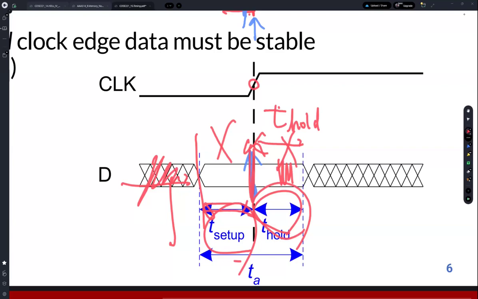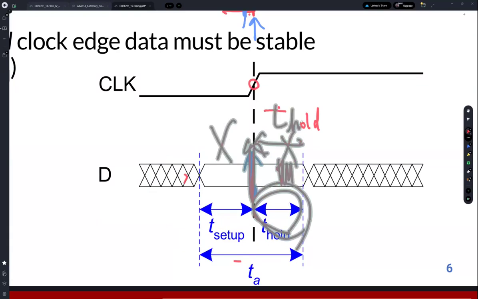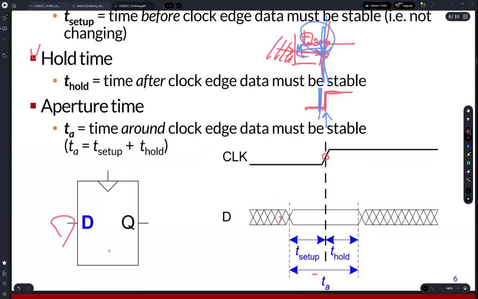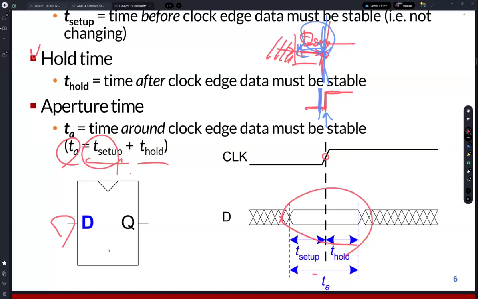Right. So these are the two main timing constraints of this D flip-flop, and actually this T setup plus T hold is called the aperture time. It's called TA. So TA is equal to T setup plus T hold. So what is the aperture? Aperture is a terminology of cameras, right?